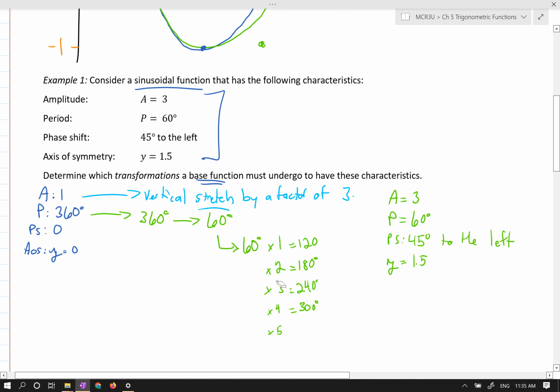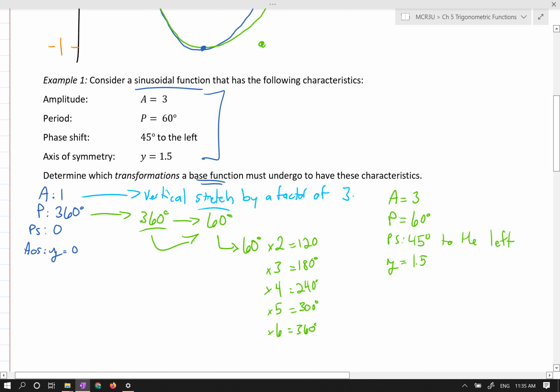There we are. Let's fix that. I made my mistake right at the beginning. 60 degrees times 2 is 120 degrees, times 3 is 180, times 4 is 240, times 5 is 300, times 6 is 360 degrees.